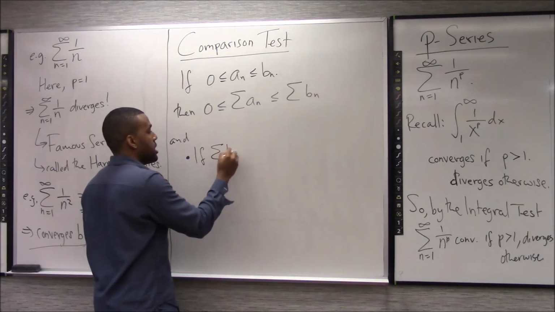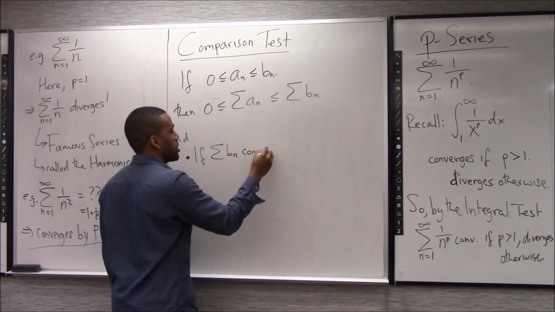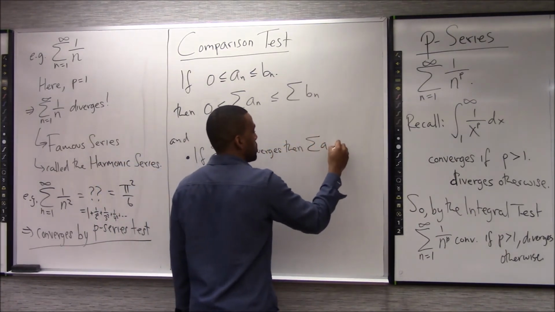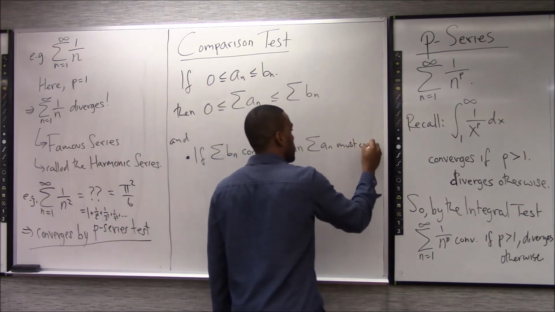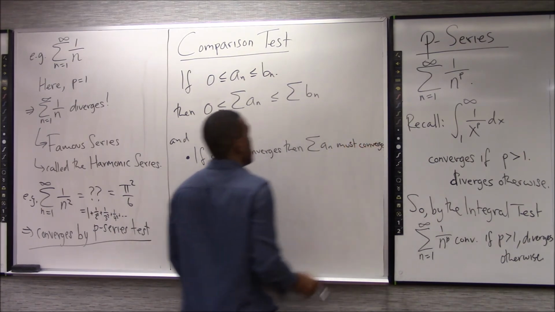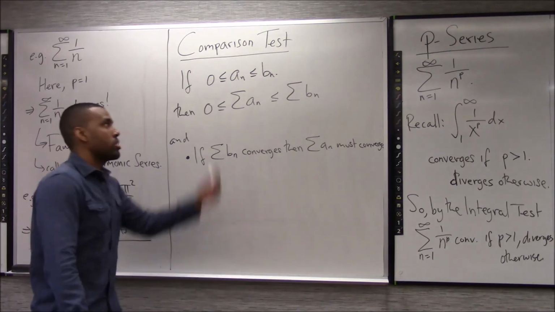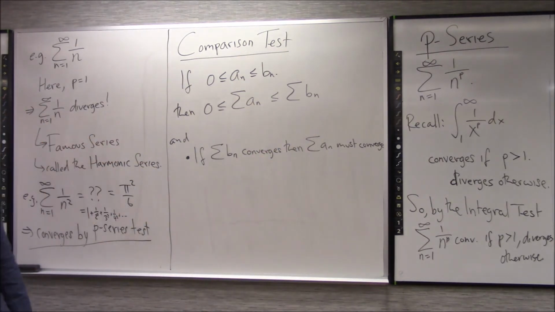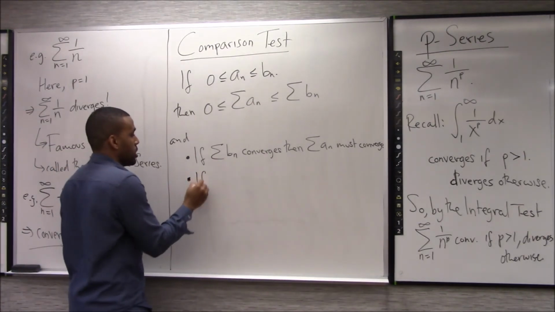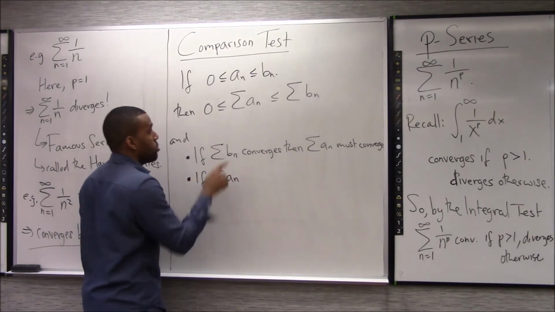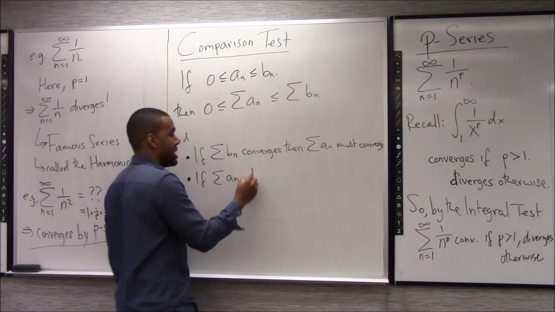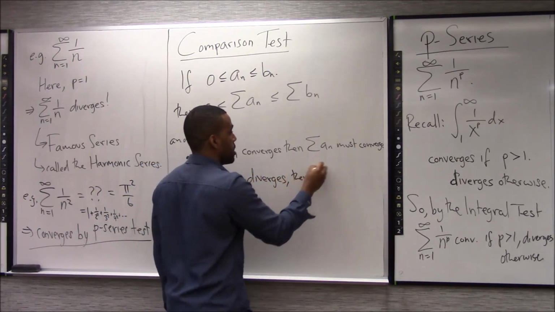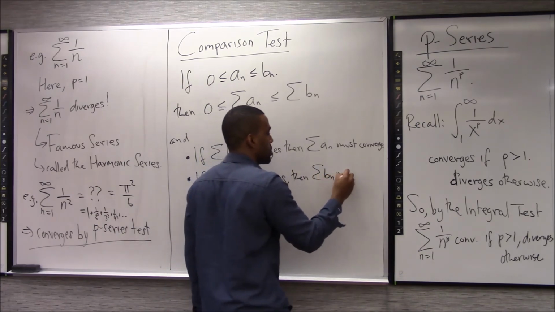If the series b_n converges, then a_n must converge. Right? If the bigger guy stops at a number, the smaller guy can't pass it. It has to stop at a number as well. Also, if you know information about the smaller one and it diverges, then the larger one must diverge.